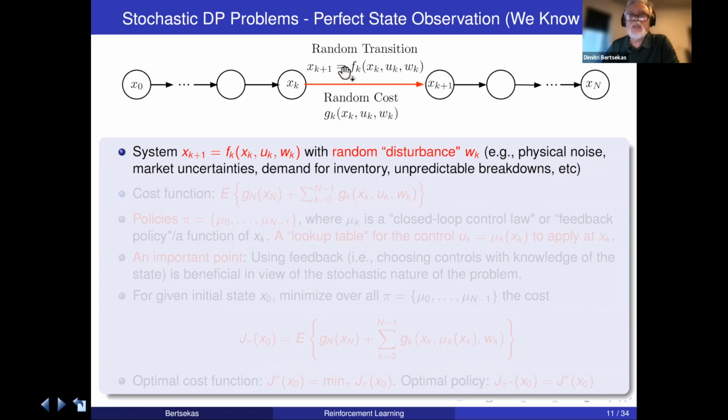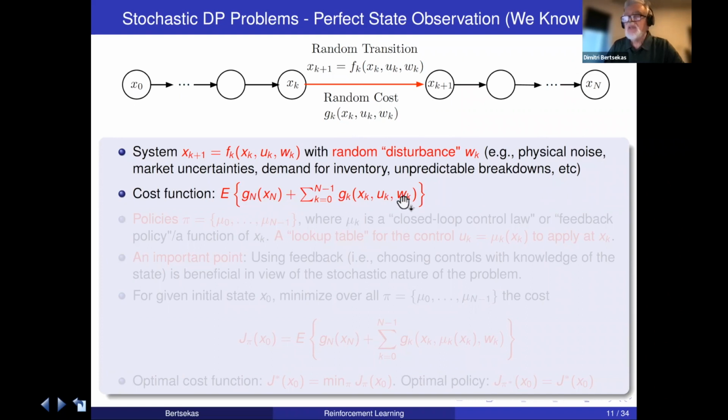The random variable, WK, affects the system equation, and also it affects the cost of the transition, which now takes this form here. Now, for a given sequence of controls, we're going to get a total cost that's given by this expression, like before.